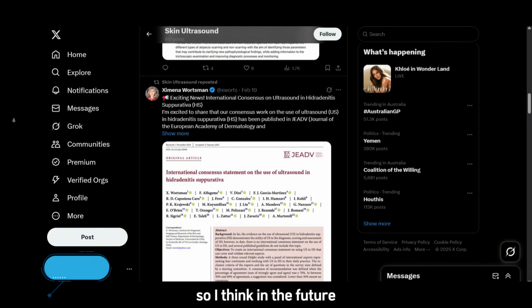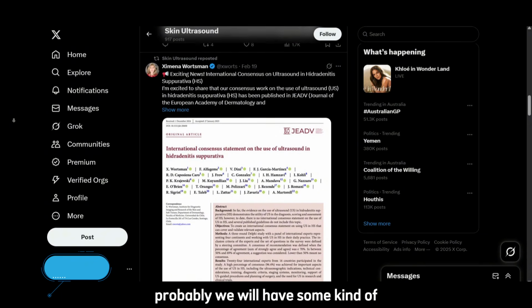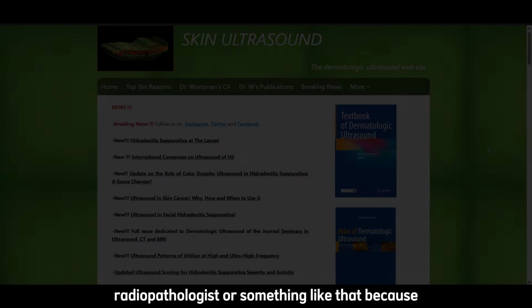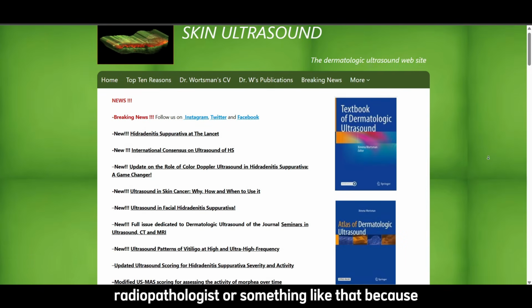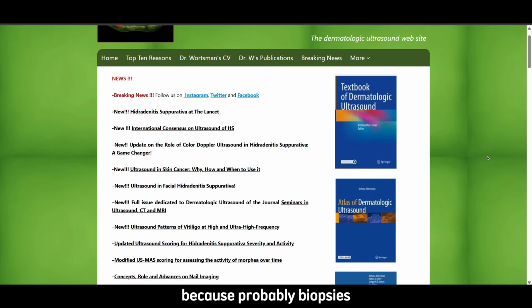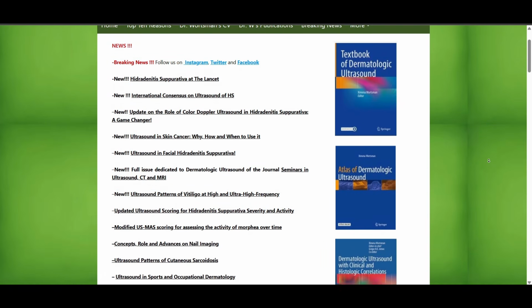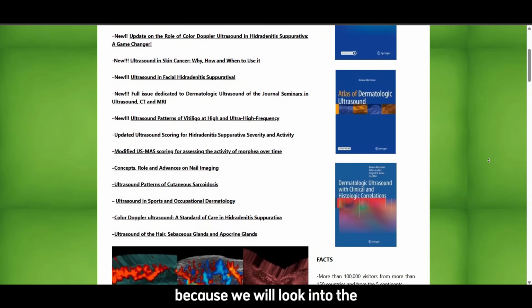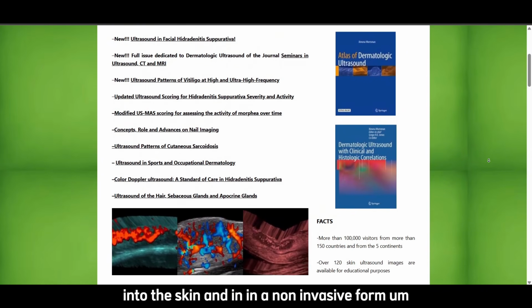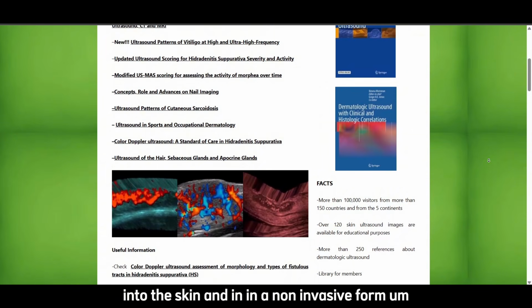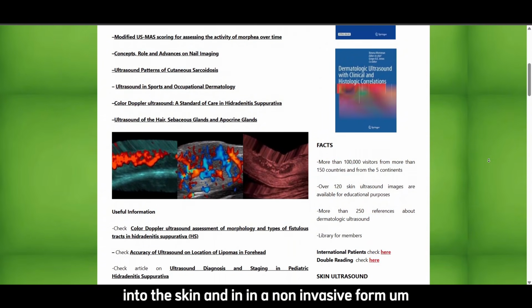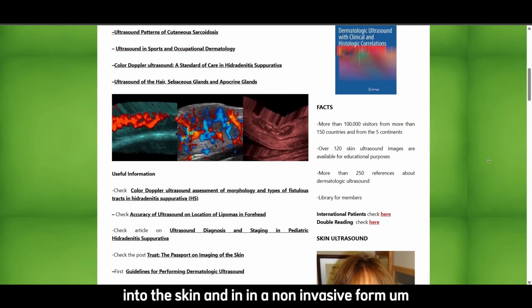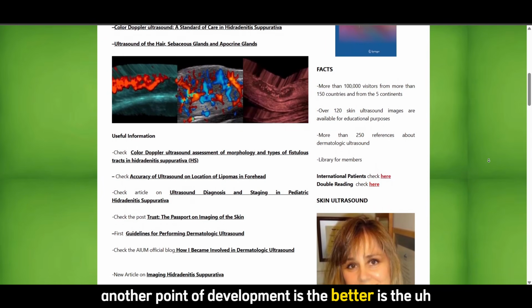So I think in the future, probably we will have some kind of radio pathologies or something like that, because probably biopsies will not be necessary anymore, because we will look into the skin in a non-invasive form.